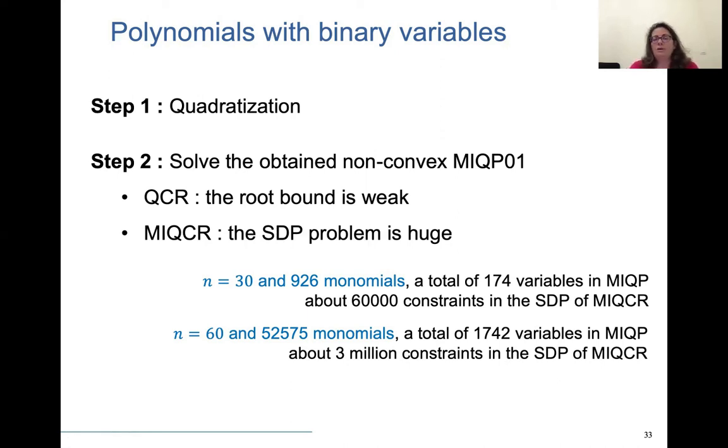So our concern was to find an SDP relaxation of this new MINLP problem, an SDP problem which is smaller than the one that we get here, but with an improved bound compared to QCR.